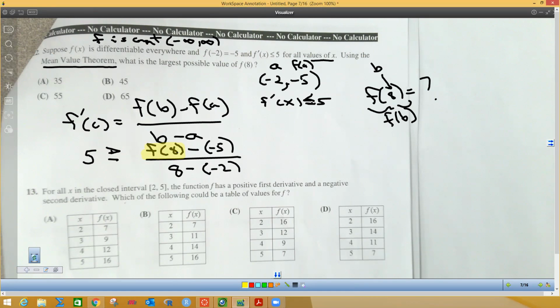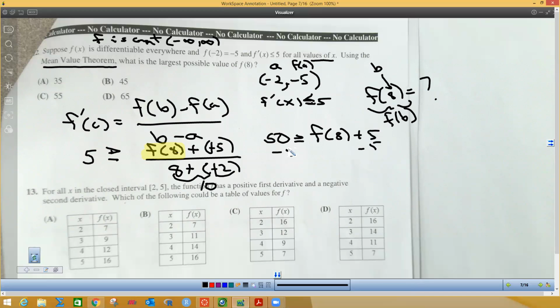So I hope we all know that minus a negative becomes plus a positive, and this minus a negative becomes plus a positive. So I've got 10 in the denominator. I'm going to take that 10 and multiply it over to the other side and get 50. It's going to be f of 8 plus 5, and then I subtract 5 from both sides.